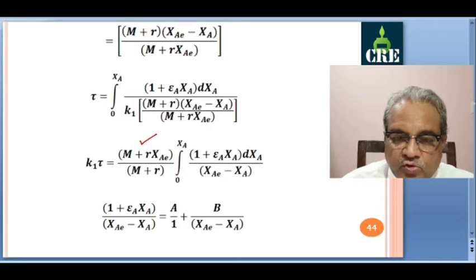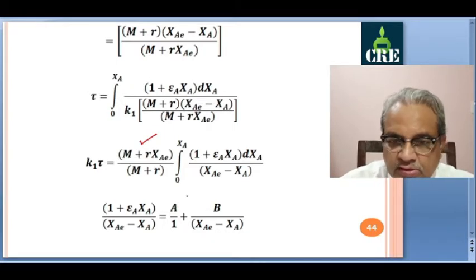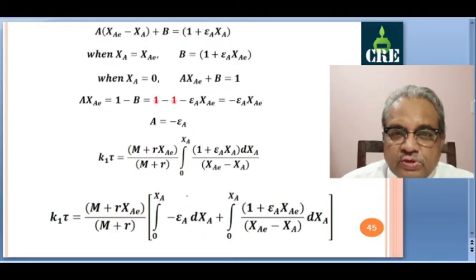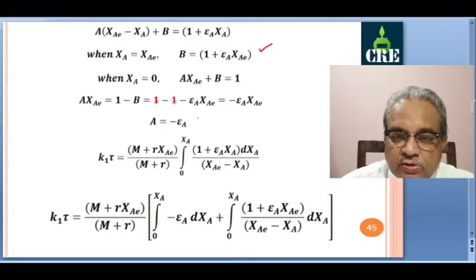So split into partial fractions: 1 plus epsilon a xa over xae minus xa equals a by 1 plus b by xae minus xa. If we solve this, you get b is equal to 1 plus epsilon a xae, and after substituting these things, you get a as minus epsilon a. Okay, so this is the term.